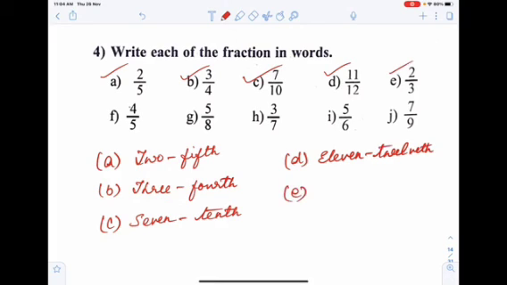Fifth one is 2/3. Okay. Children, I want you to consider the other five, that is F, G, H, I, and J as assignment.